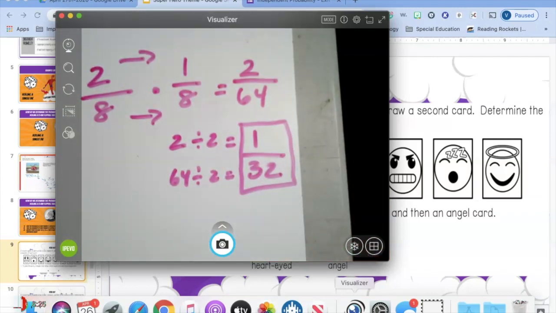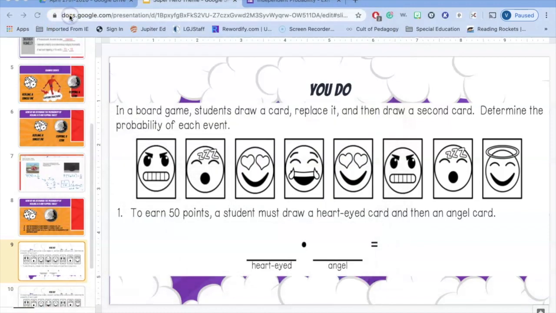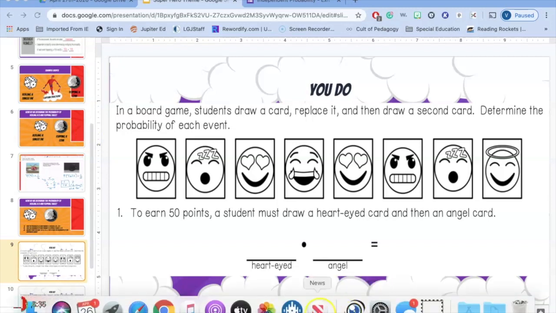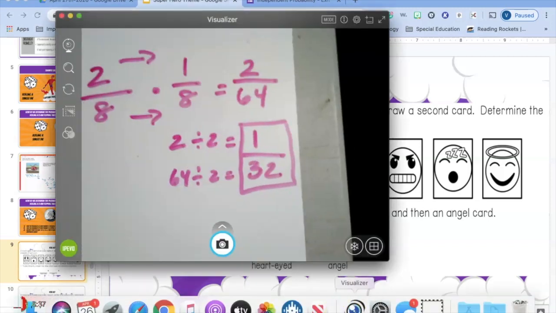So now I know the probability of picking a heart-shaped card and an angel card is 1/32.